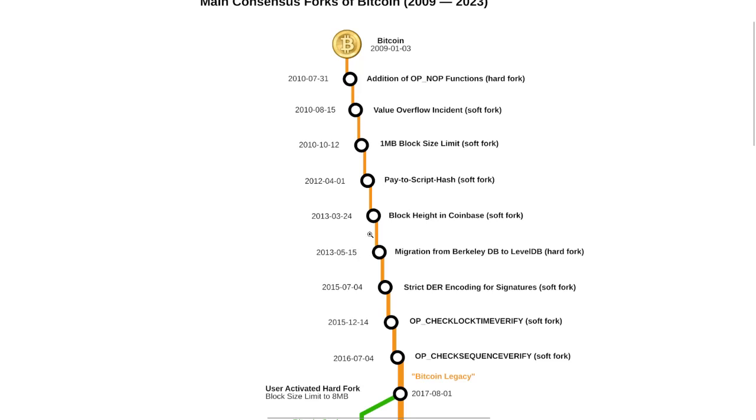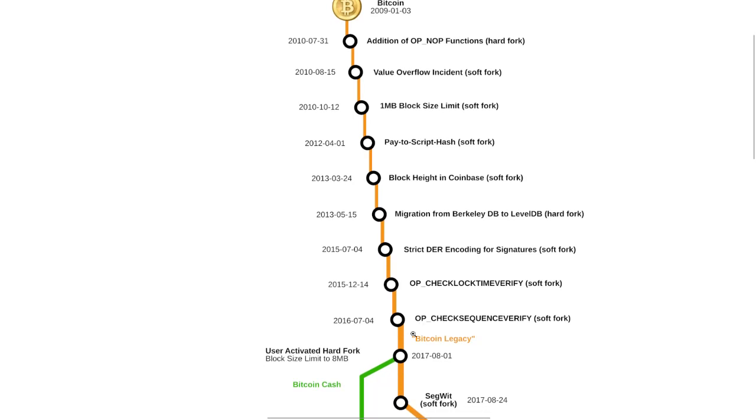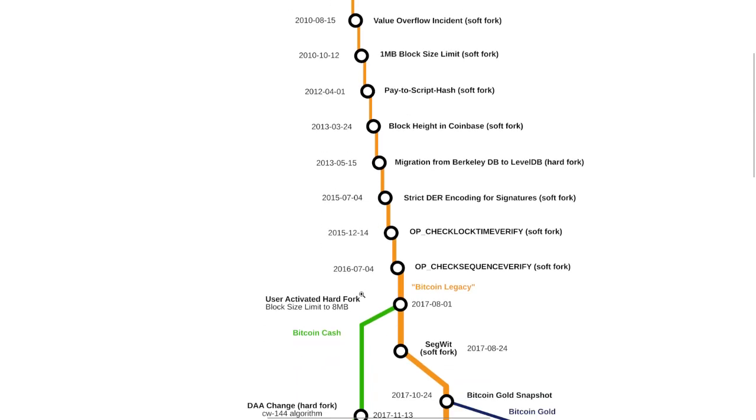So the debate has been heating up from 2014 all throughout the years up to 2017 when things became unsustainable. There were different ideas for how it should play out, but what ended up happening is the people who wanted an increase from this 1 megabyte all teamed together and did a minority split from the network.